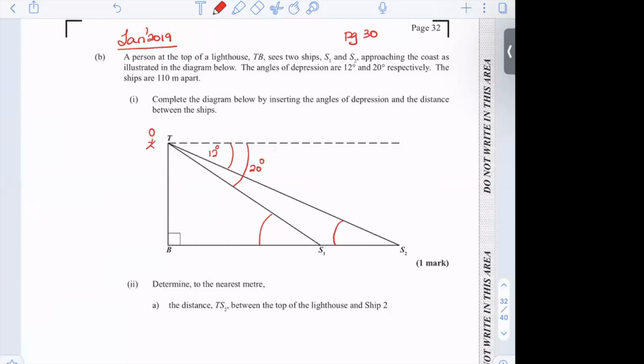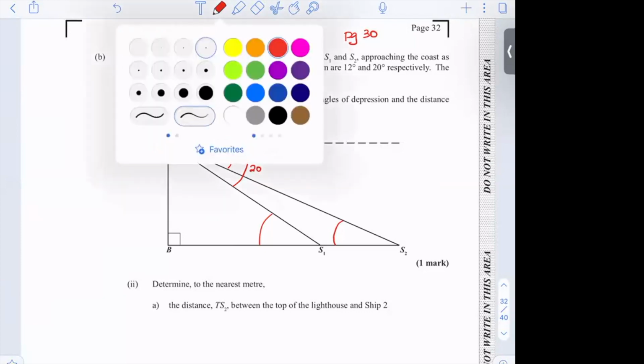I also want you to put in 110 meters on your diagram.